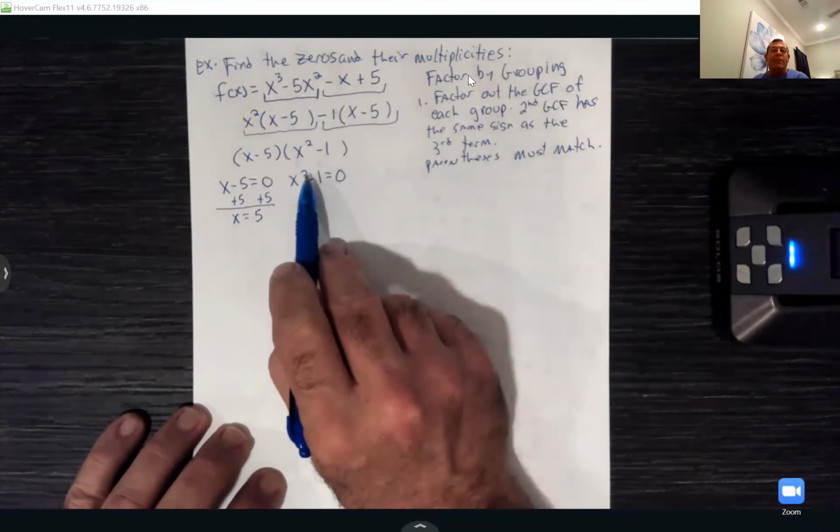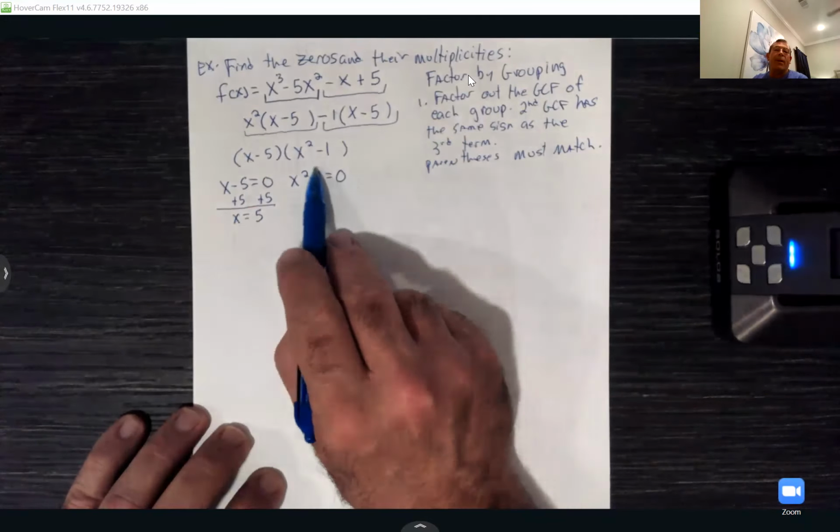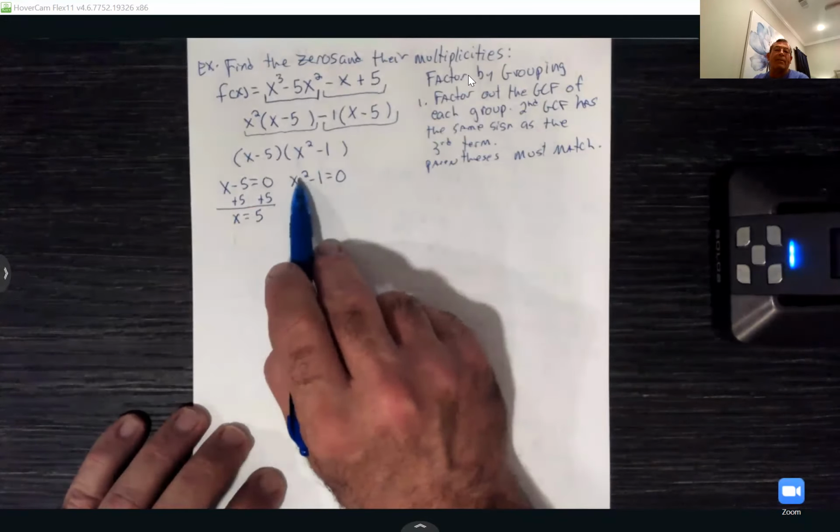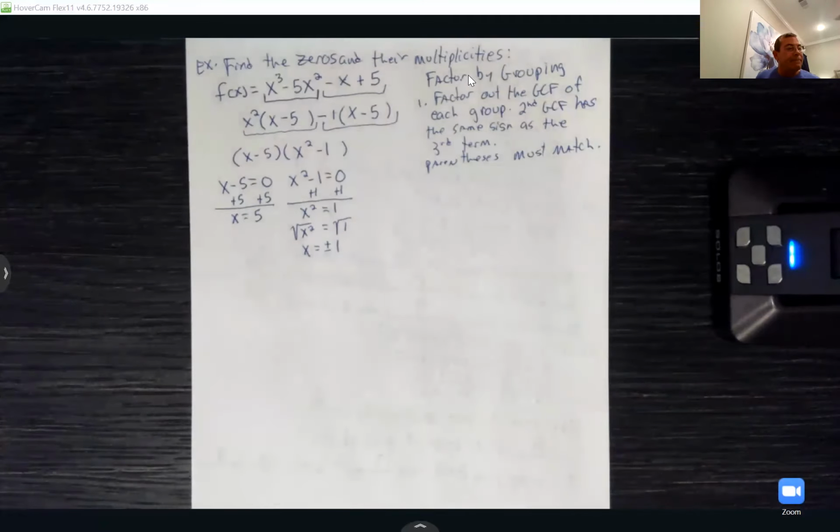Now the second one, since that's the x squared, I'm going to get the x squared by itself by adding 1 to both sides, and we get x squared equals 1. Then we do the square root. Square root of 1 would give us plus or minus 1. Good job.